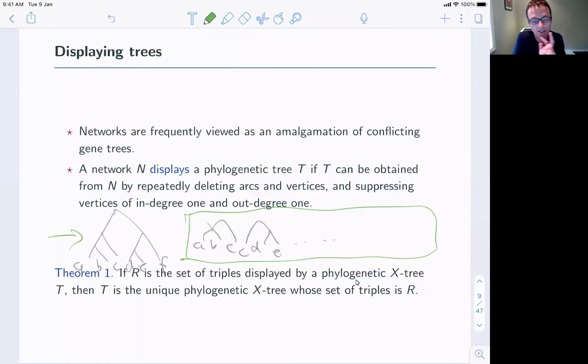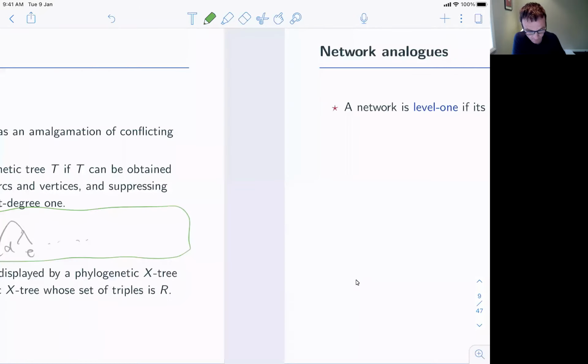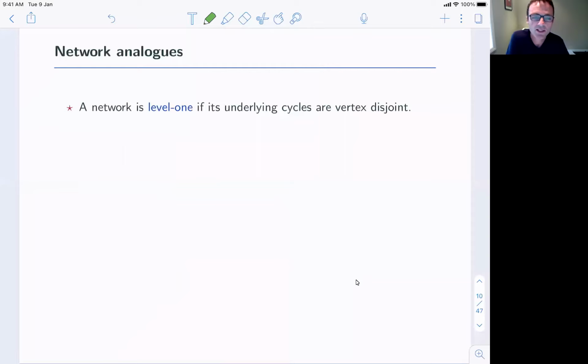What we'd like to do is get network analogues of that result. The input is a set of trees, and I want to find a network for which they are precisely the trees displayed by the network. The natural example to go to if you want to generalize the result for trees is a level 1 network, where the underlying cycles are vertex disjoint.